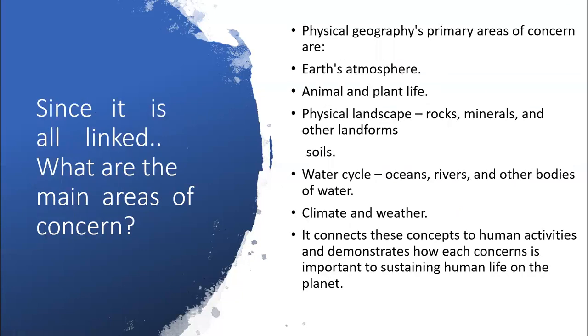So since it is all linked, what are the main areas of concern then? Well, physical geography's primary areas of concern are the Earth's atmosphere, the animal and plant life, physical landscape, rock, minerals, and other life forms, soil, that's another one, water cycle, the oceans, rivers, other bodies of water, climate and weather.